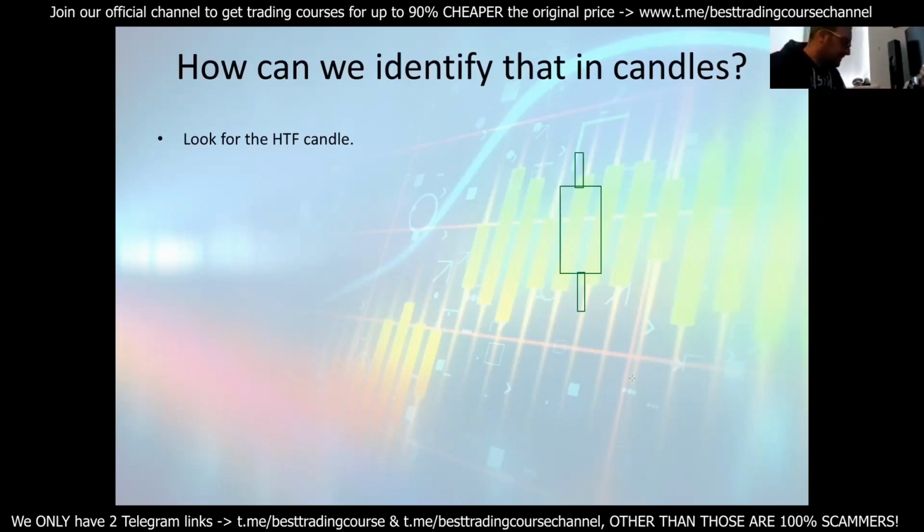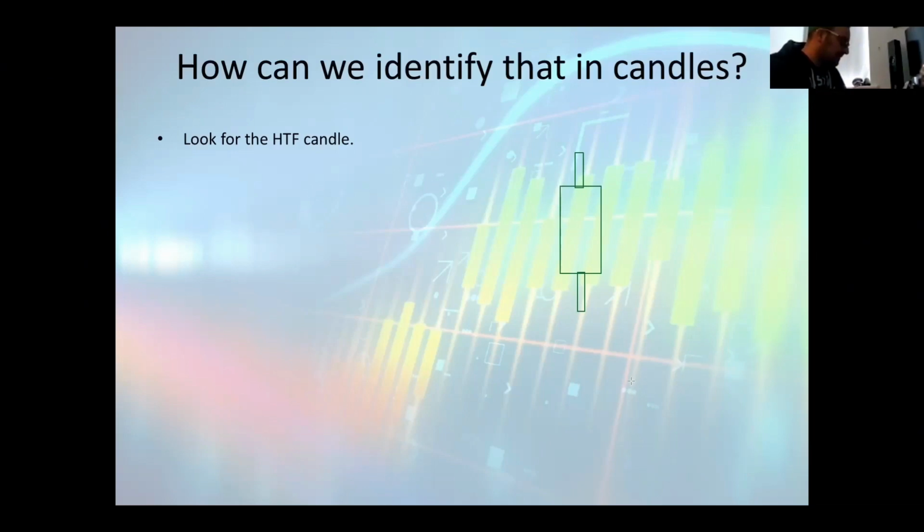If you have a decent size bullish candle at support, let's say on the daily or the 4-hour, there's a very high chance that the next candle is going to continue moving bullish, at least filling the wick. This is what they call the wick fill. So that's how it's going to happen.